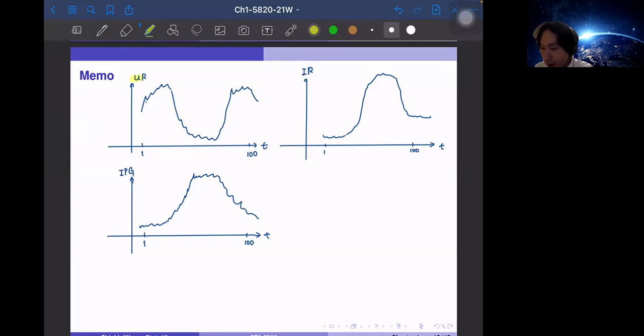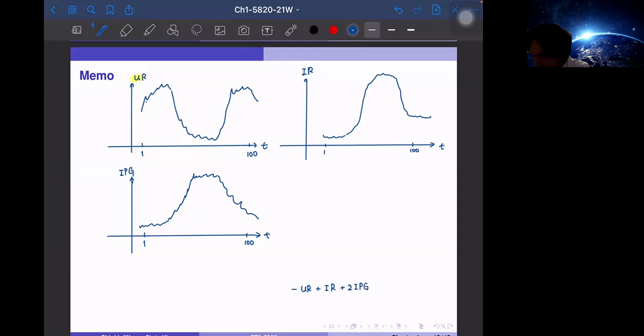Unemployment rate goes the other way around, so maybe we take the negative of the unemployment rate, plus the inflation rate, and the industrial production is important, so maybe 2 times industrial production.